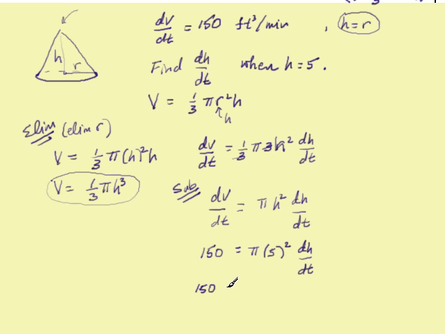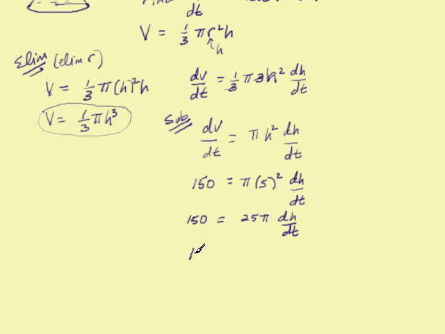Okay, so we have 150 equals 25 pi dh/dt. Then we just divide. So we have 150 over 25 pi, that's equal to dh/dt.